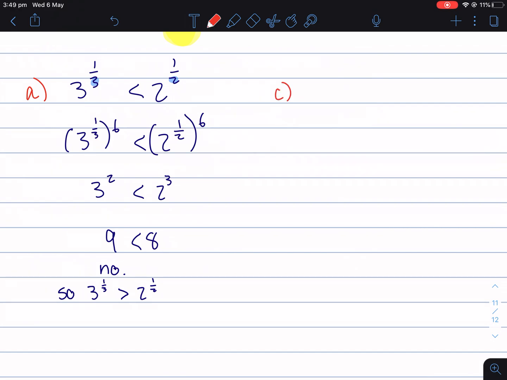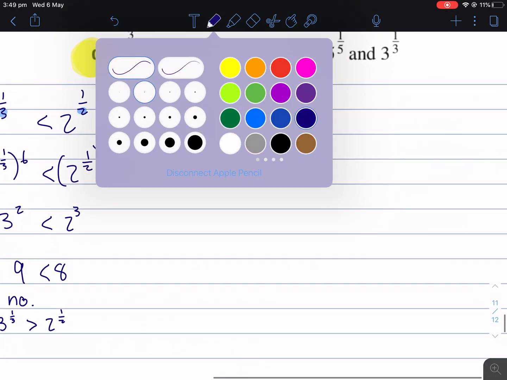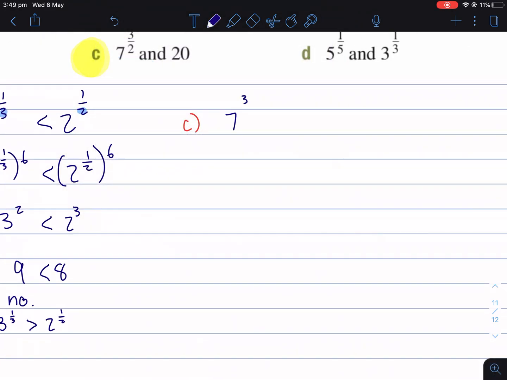Okay, and let's do C. So now they're saying 7 to the 3 on 2. I'm going to see if it's less than 20. 1 times 2 is 2. So I'm going to square both of them. So I've got 7 to the 3 on 2 squared less than 20 squared. So 3 on 2 times 2.